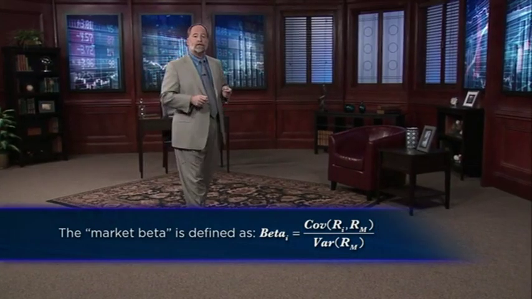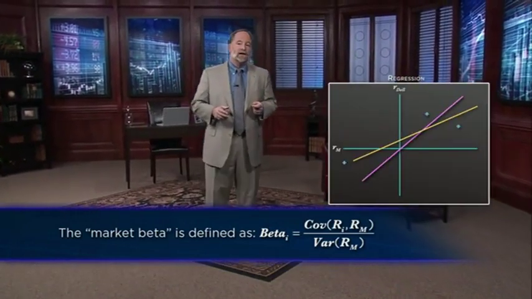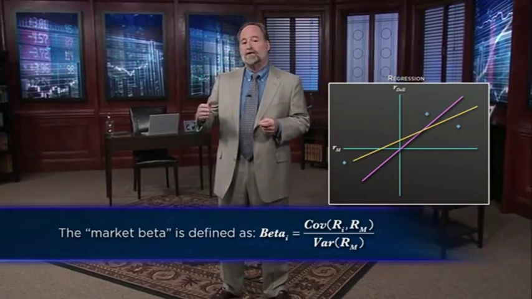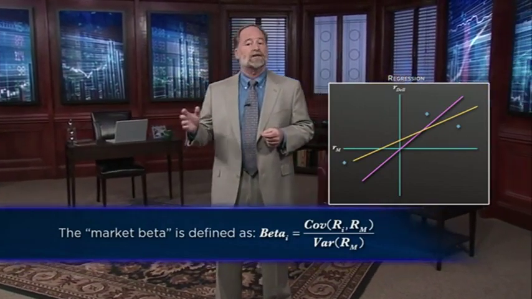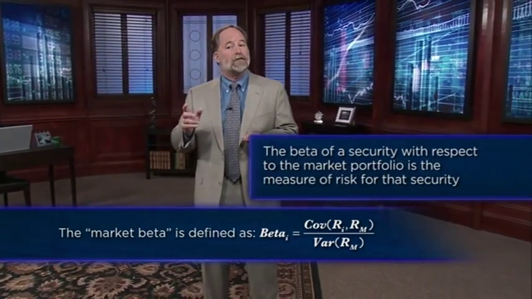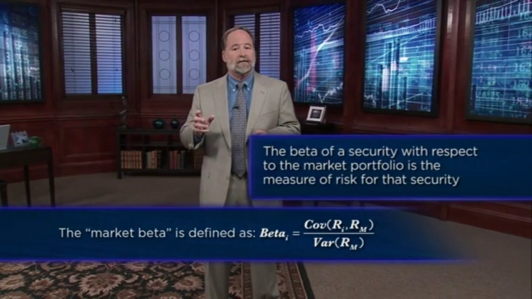By the way, this is equivalent to the slope of a regression line of the excess return on security i against the excess return of market returns. We saw this in the previous lecture. The beta of a security with respect to the market portfolio is the measure of risk for that security.